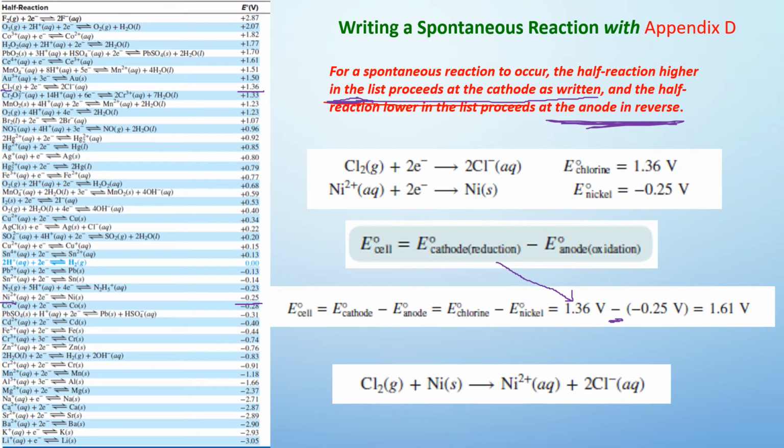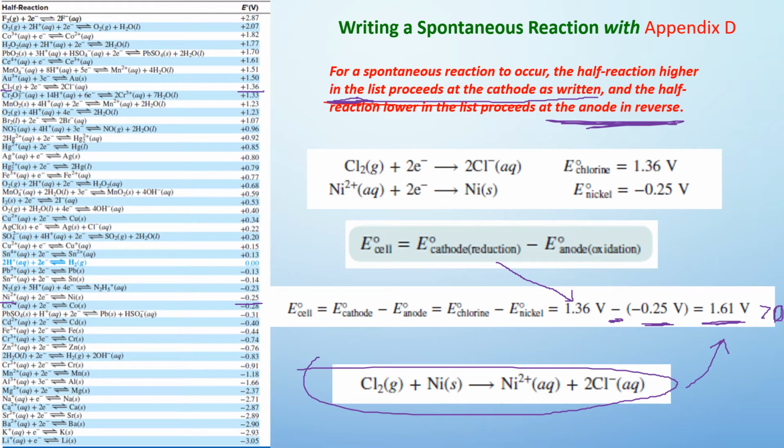So we're subtracting this -0.25. For this overall reaction, the standard cell potential is 1.61 volts. And for a spontaneous reaction, this standard cell potential must be greater than 0.